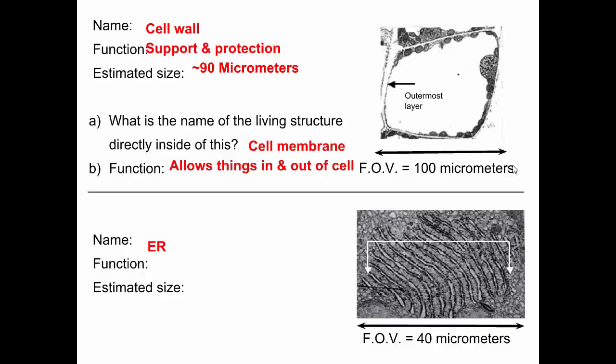Yeah, well, the pointers are sort of showing you the width of how big this is. What's the function of the ER? Aiden? Transport protein. Let's just add one word to that to make it a little bit more specific. Where does it transport protein? Within the cell.